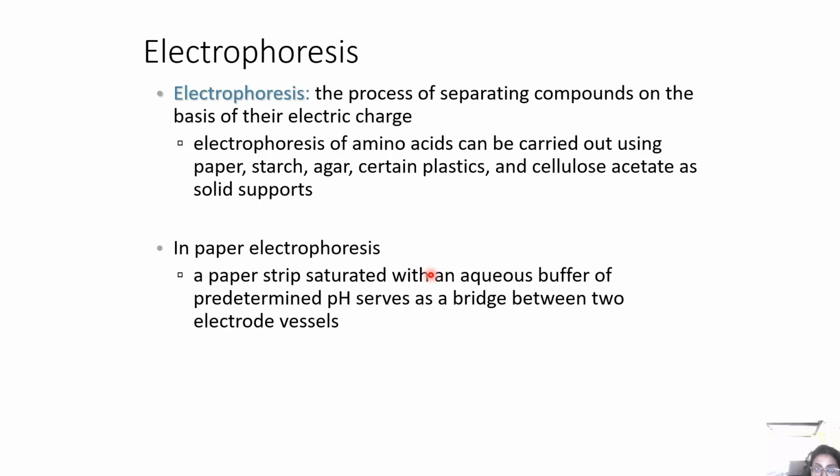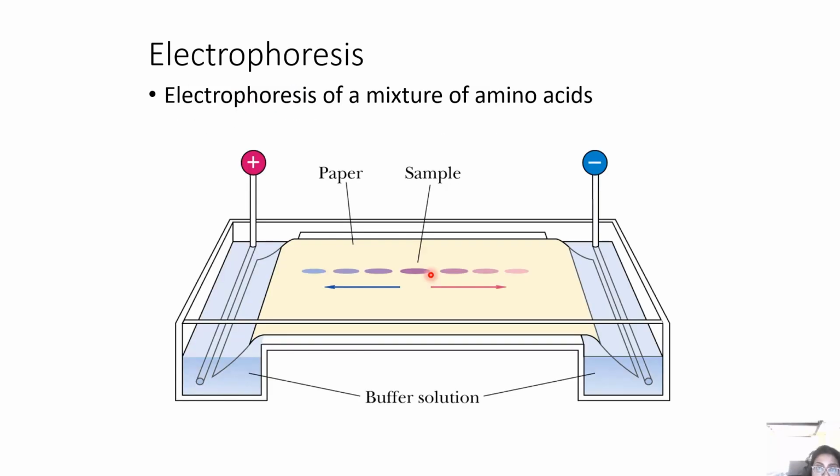Acidic and basic side chains. Electrophoresis is basically the art of separating compounds on the basis of electric charge. It can be carried out using paper, starch, agar, certain plastics and cellulose acetate as solid supports. In paper electrophoresis, a paper strip saturated with an aqueous buffer of predetermined pH serves as a bridge between the two electrode vessels.